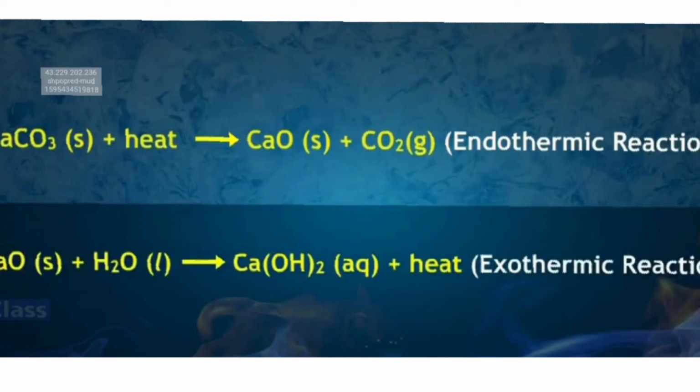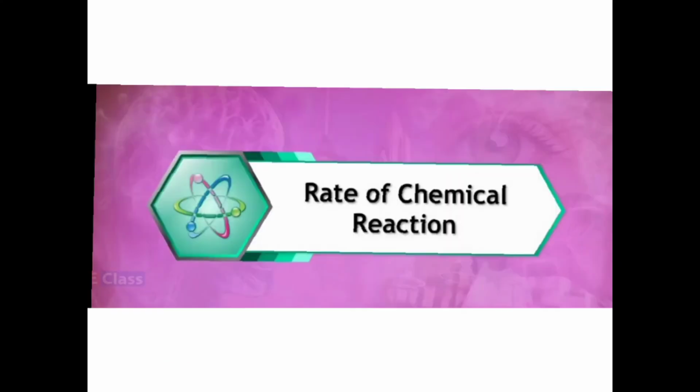So it is an endothermic reaction. Whereas the opposite, if you add water to CaO, it will give Ca(OH)2 and heat is given out. As heat is given out, it is called an exothermic reaction. So we have one example of an endothermic reaction and one example of an exothermic reaction.